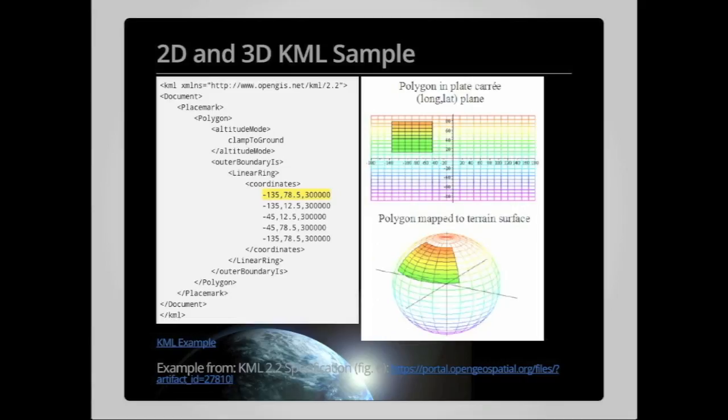So in this case, we have a longitude of -135 degrees, a latitude of 78.5 degrees, and an altitude of 300,000 meters. Those 3 values associated with the first coordinate are separated by commas.